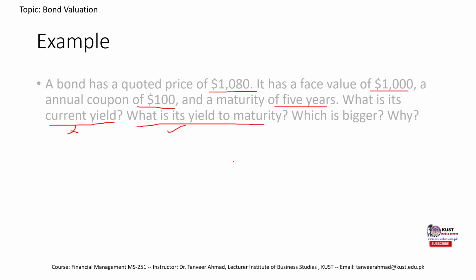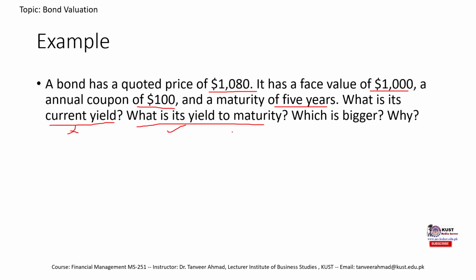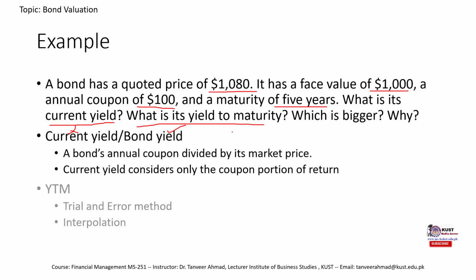Okay, so if you have watched my video, or if we have discussed the concept of capital budgeting, in capital budgeting we discussed the concept of IRR, internal rate of return, and there are two methods to find the internal rate of return. That is the trial and error method and the interpolation method.